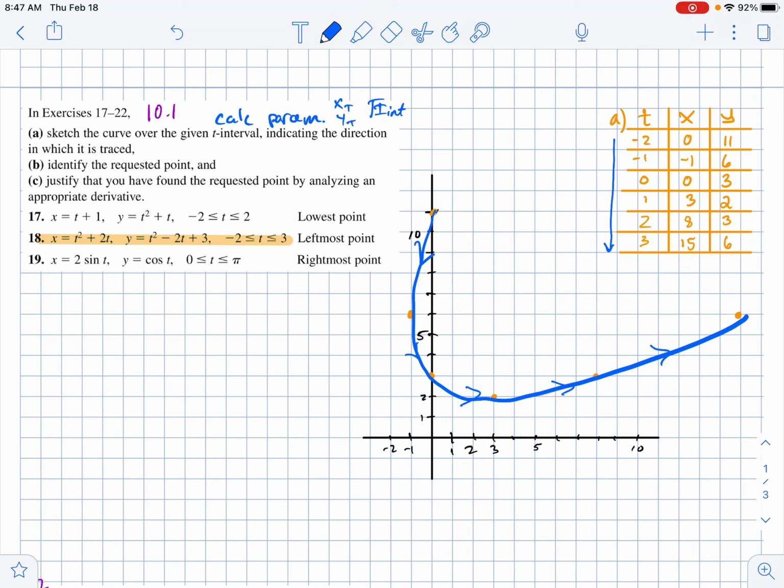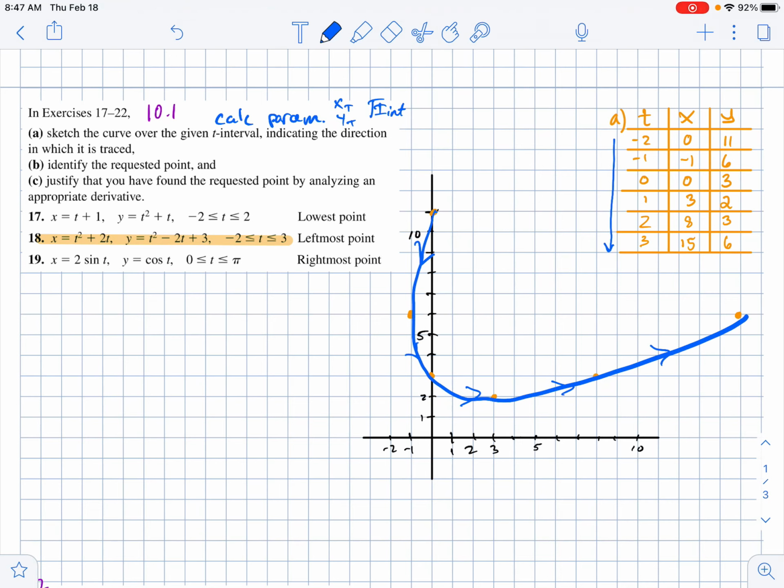So this object or particle or whatever it is travels in this direction, starting here at this first point when t is -2 and traveling this way. So there's the first one, and the arrows indicate the direction.